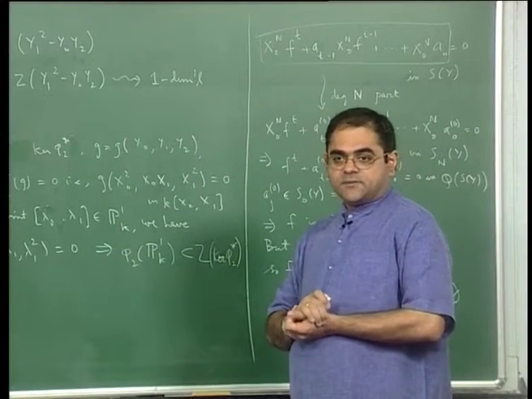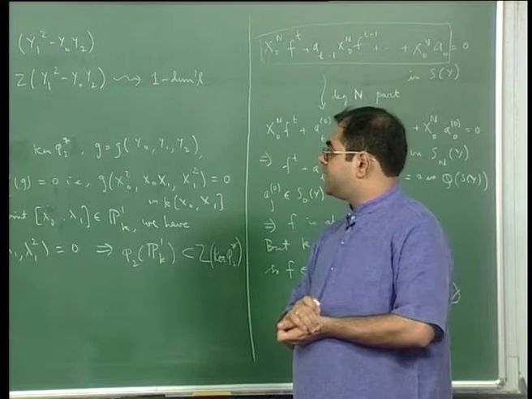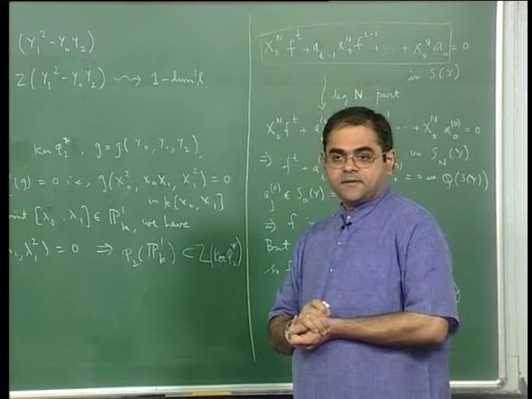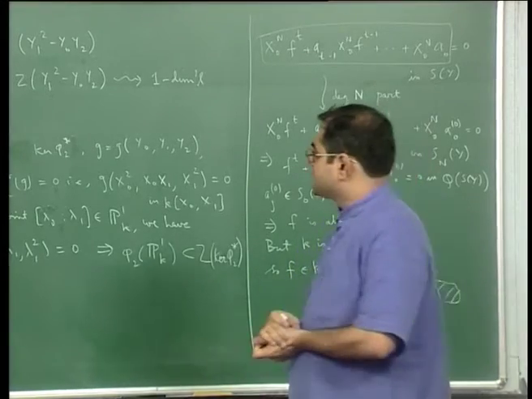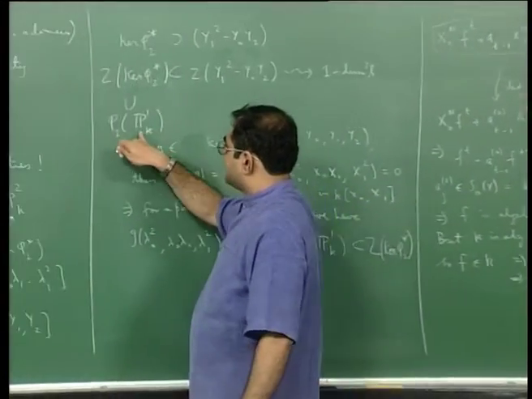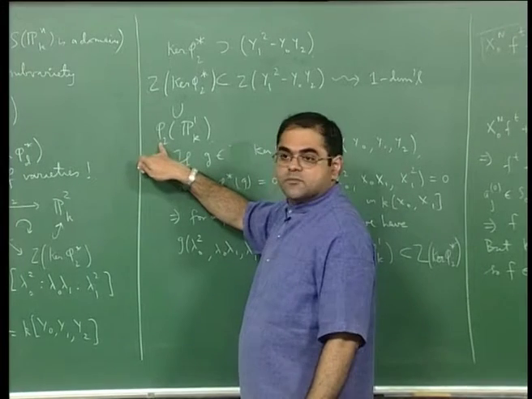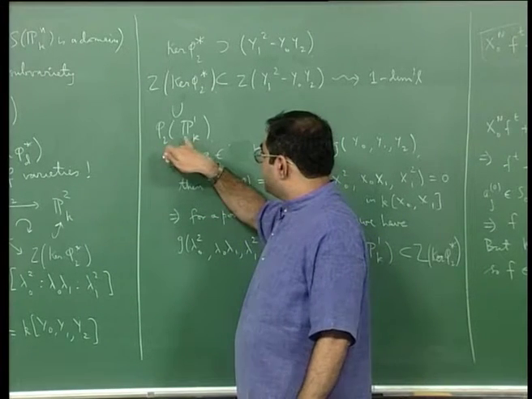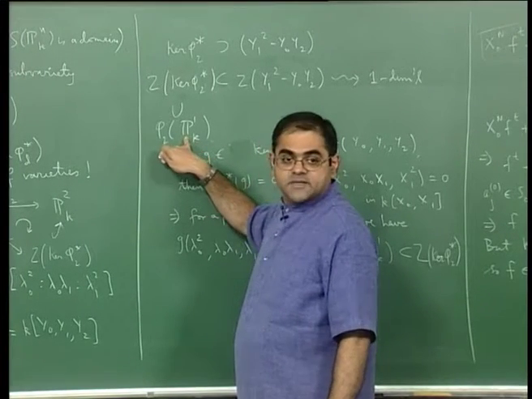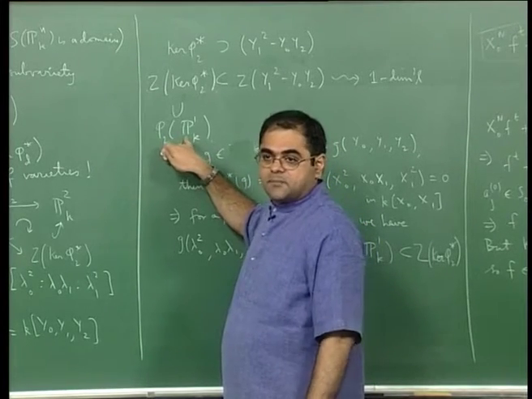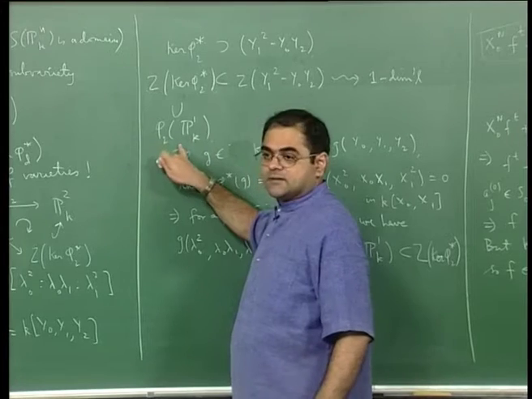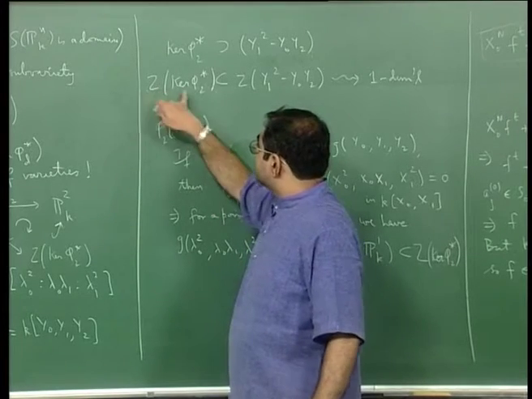These are all things that you can check. So since phi 2 is a homeomorphism, phi 2 of P1, which is the image of phi 2, is topologically isomorphic to P1, and P1 is one dimensional, therefore this is one dimensional. So that means this is already one dimensional.